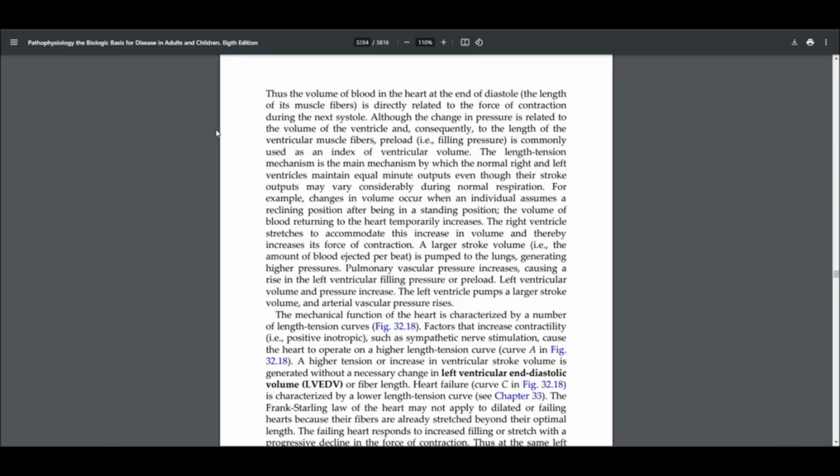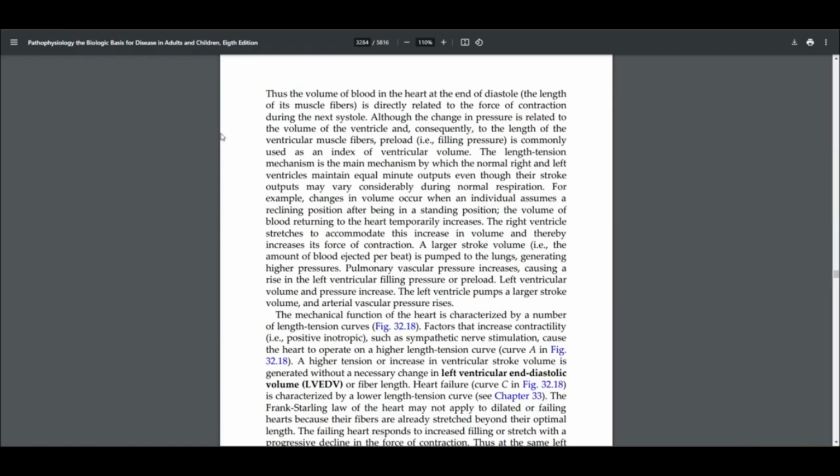For example, changes in volume occur when an individual assumes a reclining position after being in a standing position. The volume of blood returning to the heart temporarily increases. The right ventricle stretches to accommodate this increase in volume and thereby increases its force of contraction.